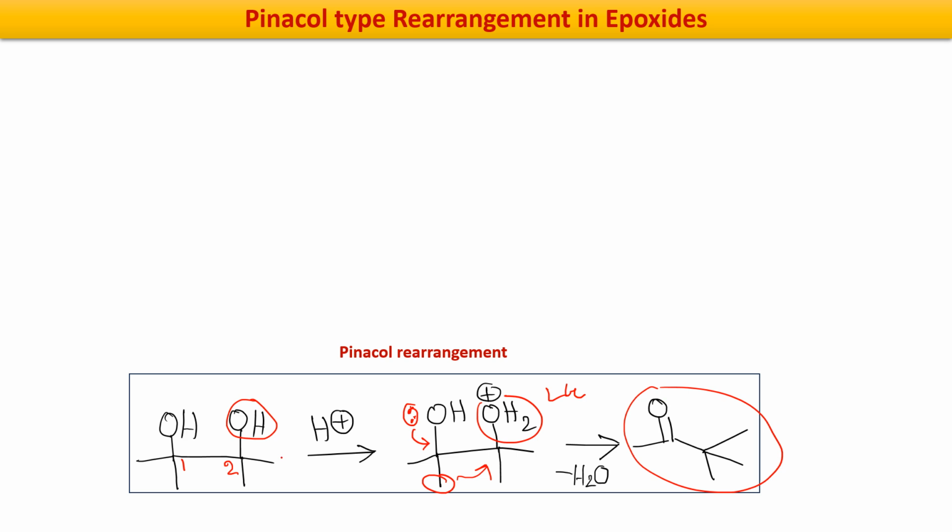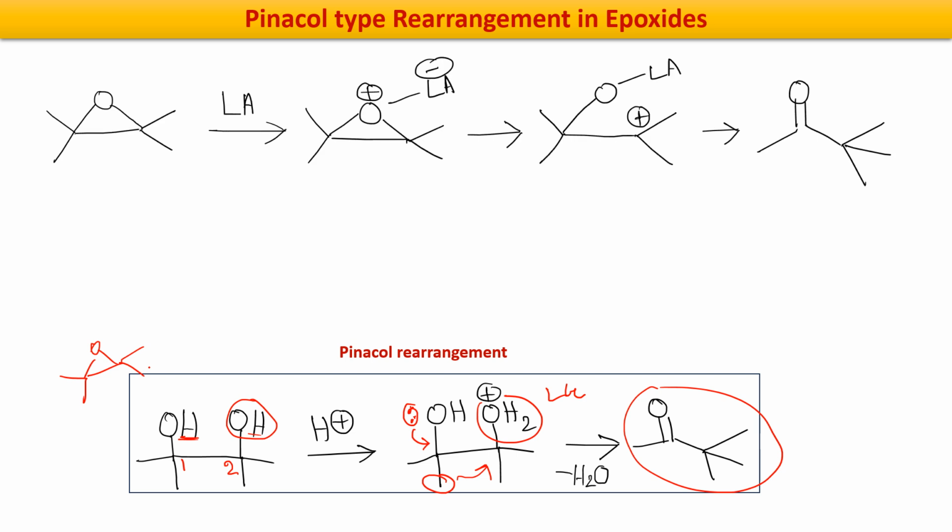Now epoxides are dehydrated forms of 1,2-diol. Suppose you remove one H and one OH, basically you get an epoxide like this, right? So when it happens in an epoxide in presence of Lewis acid, first there is an interaction where the oxygen lone pair is given to the Lewis acid, and one of these carbon-oxygen bonds is broken.